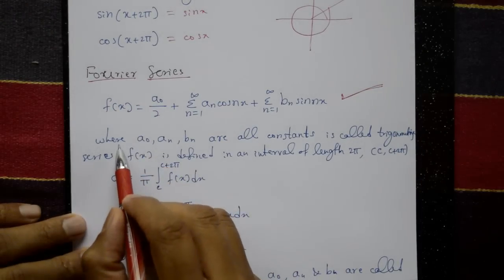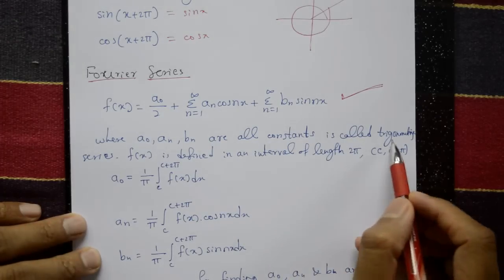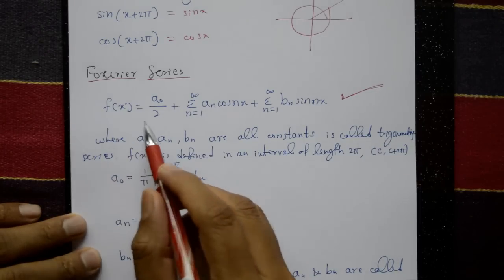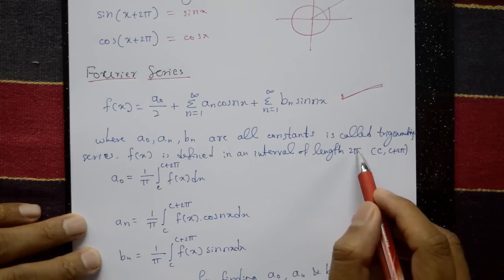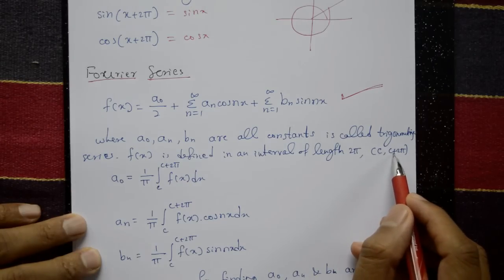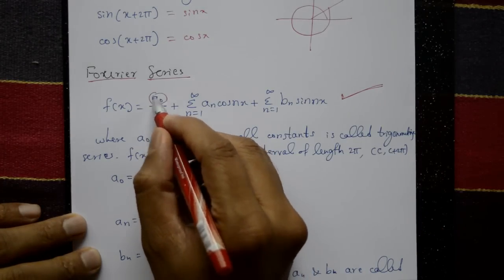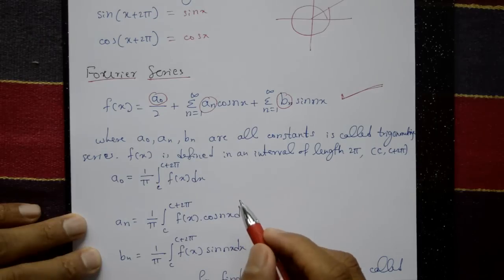Now, where a0, an, bn are all constants, it is called a trigonometric series, and f of x is defined in the interval of length 2 pi, in between c to c plus 2 pi. So how to find a0, an and bn and substitute in this equation?